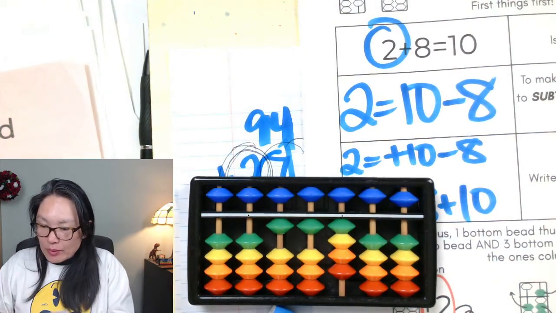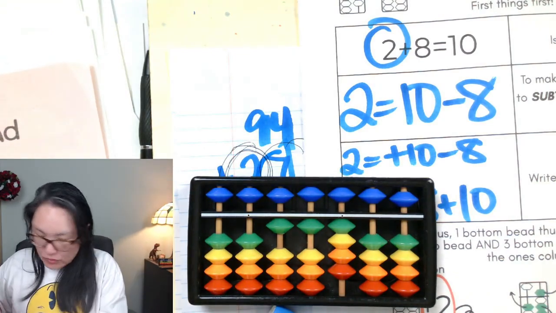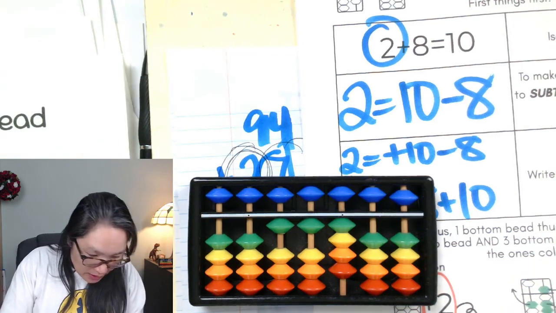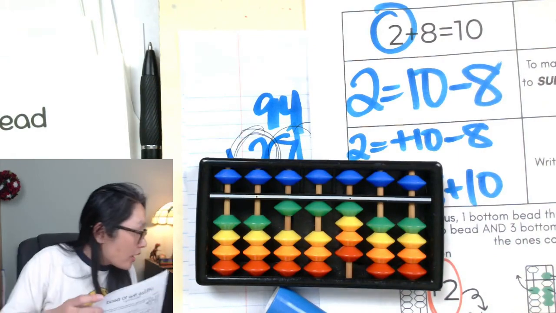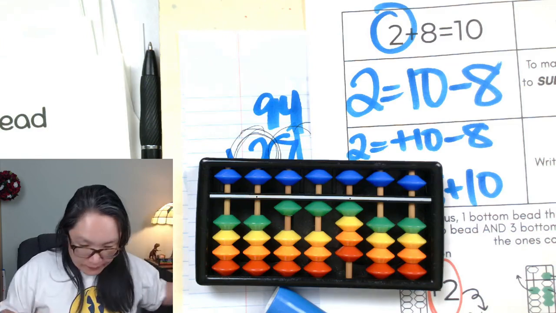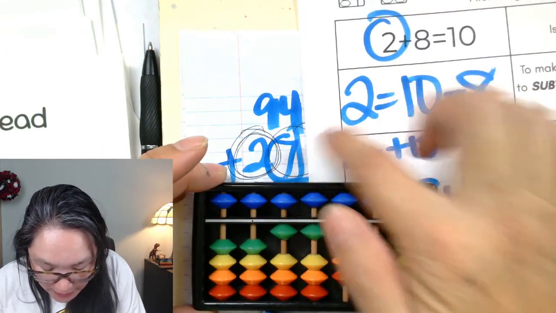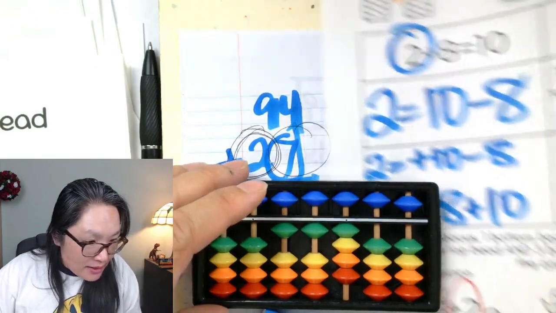Where is my papers? In the chat, do you remember how to isolate the 7? Because what we're doing is, if we don't have enough beats to add the 7, how do we add the 7?